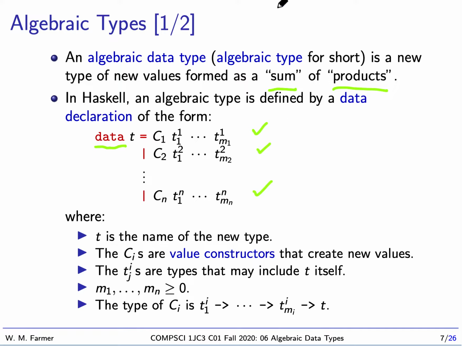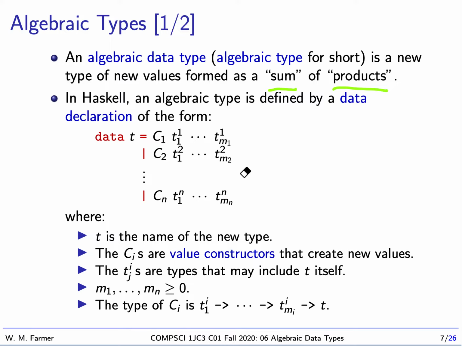So for instance, if we look at C1, it takes M1 different types. If we give it values from these M1 types, the first value would be of type T11, and the last value would be T1M1.